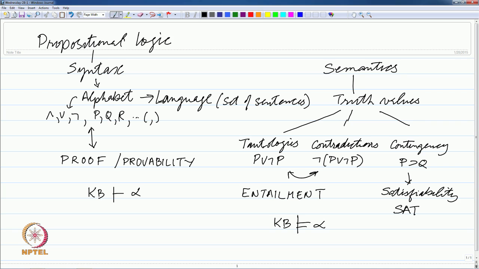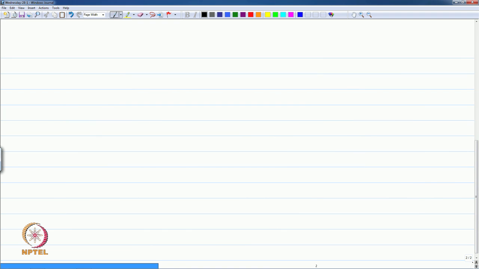Now, for a proof system to work, we need a language that the syntax gives us, plus we have rules of inference. So, let us look at proof systems.